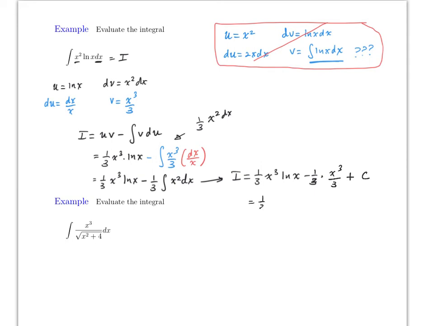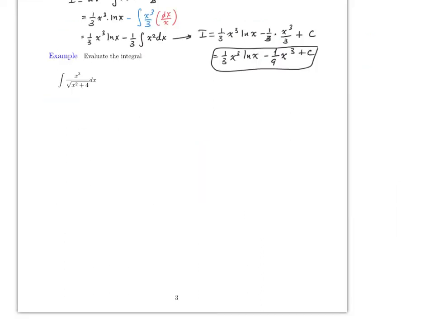So therefore this is equal to 1/3 x cubed ln x minus 1/9 x cubed plus c. So that's the final answer. Okay. So this was a good choice, or a good way to see you had to rearrange the u and the v sometimes if it doesn't work right away, or if it doesn't work on the first try. Right, let's go to the next example.